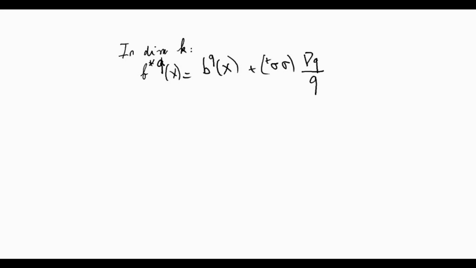So this is the vector, and then we need to have the q component of this. So this is the matrix applied to this vector, right? So we can always write this sigma sigma transpose.